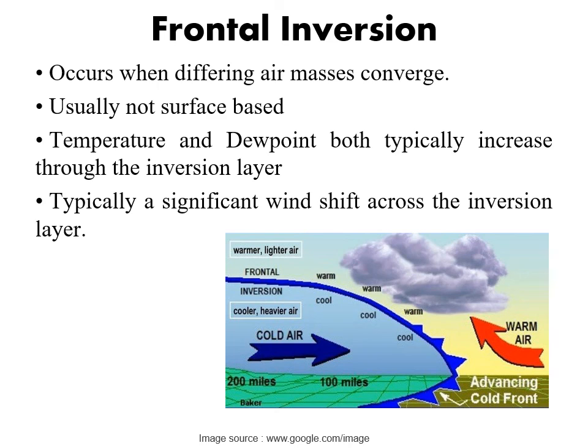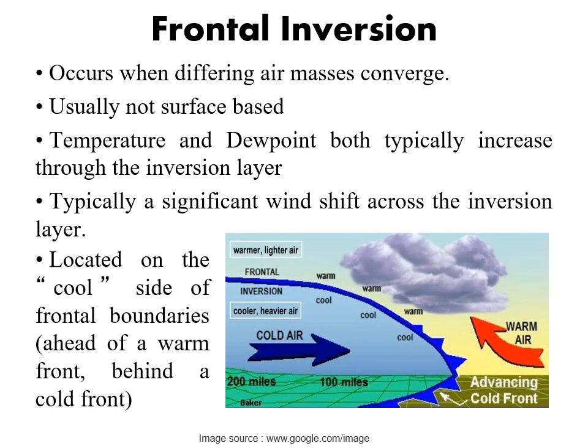Now, one significant difference of this frontal inversion from the other types of inversion, that is the surface inversion and upper air inversion, is that the boundary between the cold air and the warm air mass, unlike the other inversions, is not horizontal.